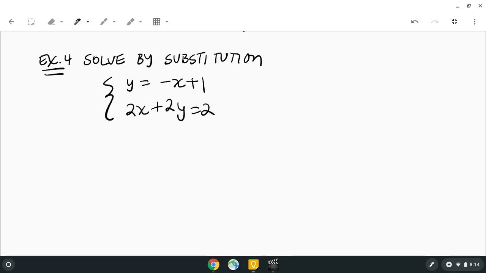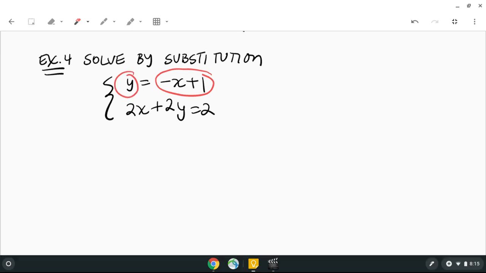This one is ready for substitution. I don't have to rewrite anything because that first equation is solved for y. So y is equal to this. Where I see the y, I'm going to replace y with that. Here's the y, so I will replace this with negative x plus 1.